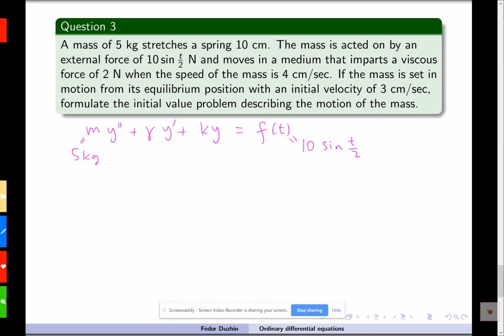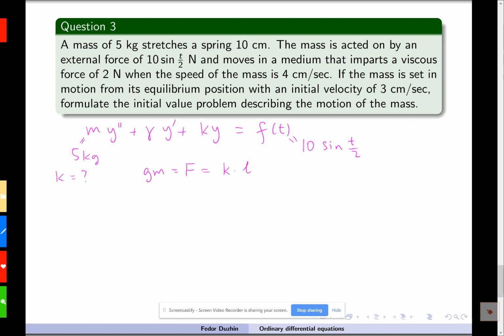So first, how do we find k? k comes from Hooke's law. According to Hooke's law, the force of the spring is proportional to the displacement, so it is k times the displacement L. On the other hand, the force here is just the weight of this mass, which is g m.